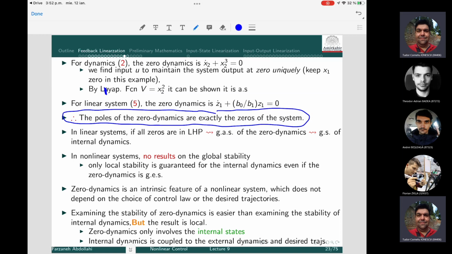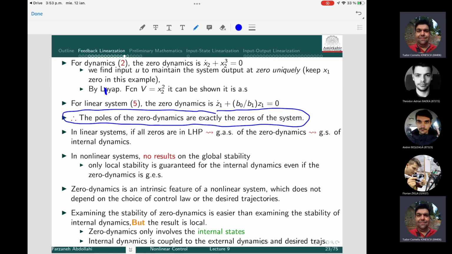For linear systems, if all the zeros are in the left half plane, the zero dynamics is globally asymptotically stable, and the internal dynamics is globally stable; GAS and GS. In nonlinear systems, there are no results on the global case.